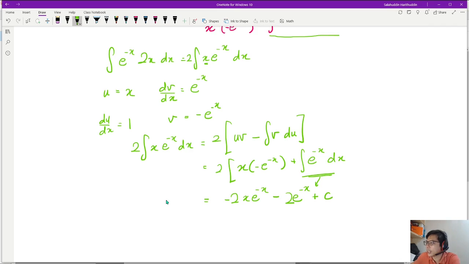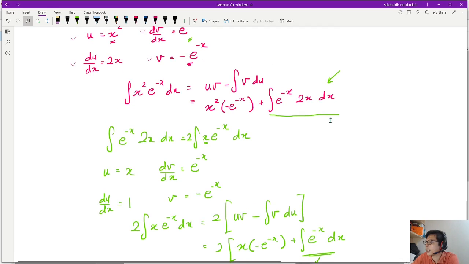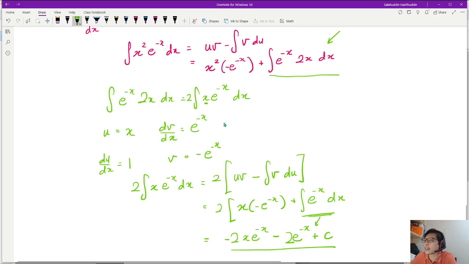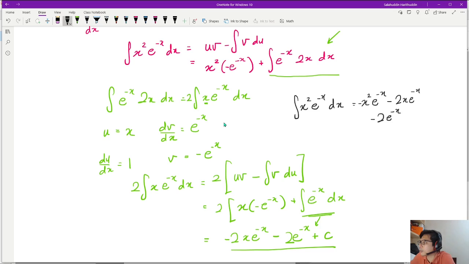Phew. All right. So now we got this for up here, and then we need to add it. So the answer of our original question just now would be x minus x squared e to the power minus x minus 2x e to the power minus x minus 2e to the power minus x plus a constant.